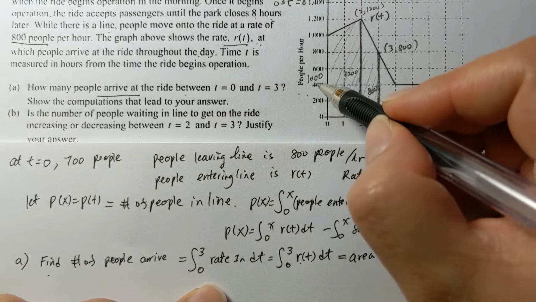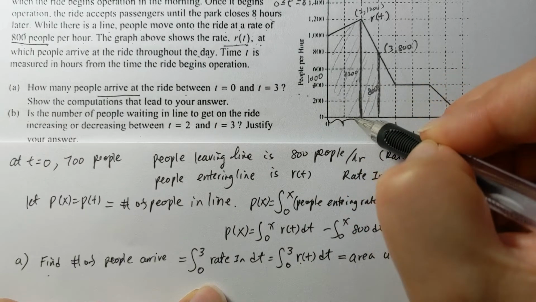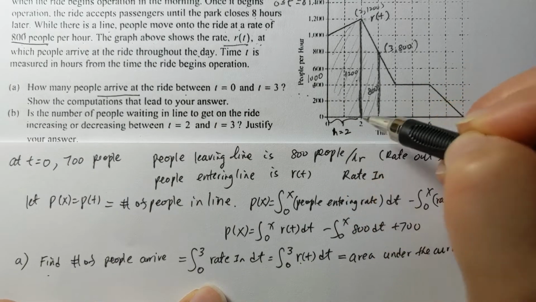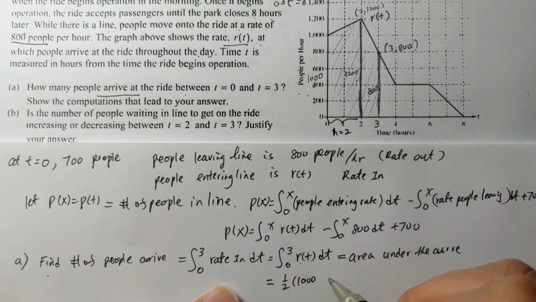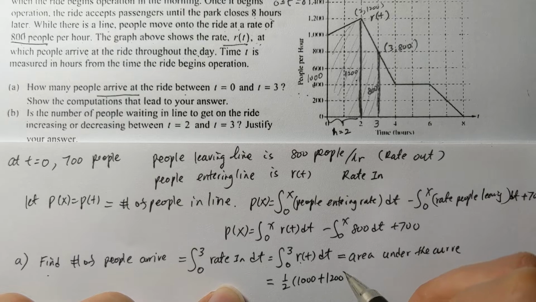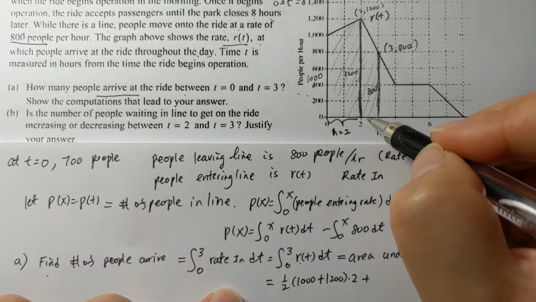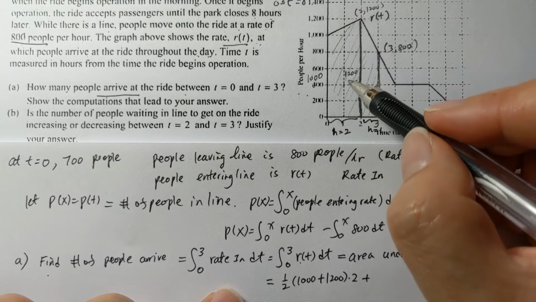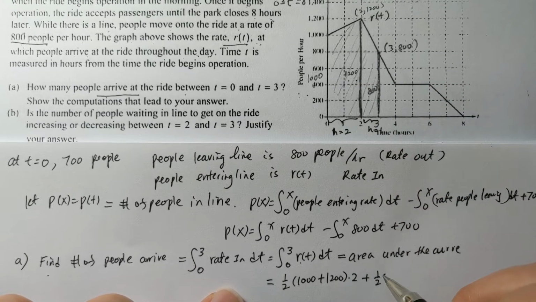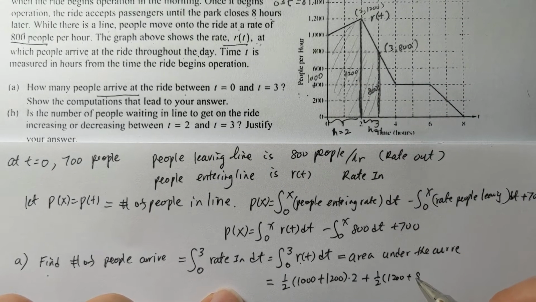So we have base 1, base 2, and the height equal 2. So we get 1/2 times (1,000 plus 1,200) times 2. And for this one, the height equals 1, so we got 1,200 as base 1 and 800 as base 2.